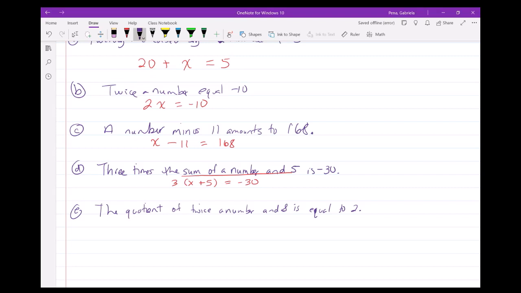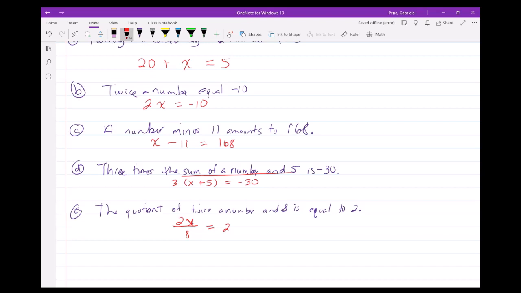So we're going to have division. Twice a number, so that's 2x. And 8 is 2. So these here are translations of algebraic expressions into equations. Now, when you're solving problems, there are steps to solve these problems.